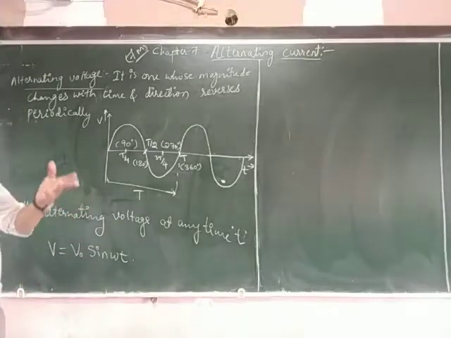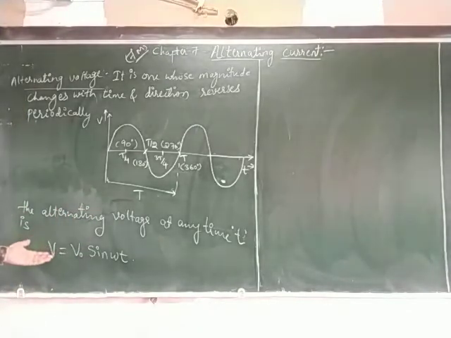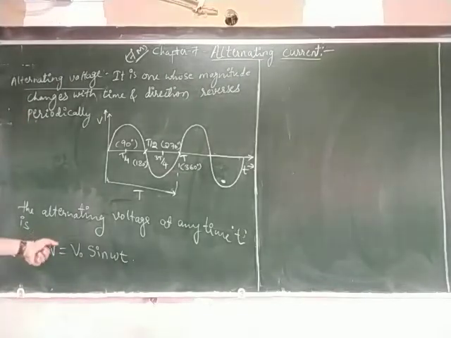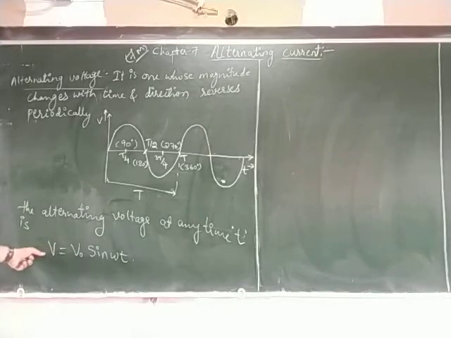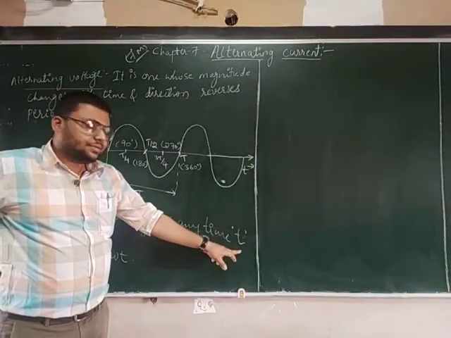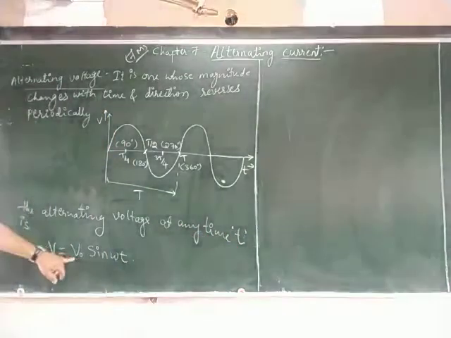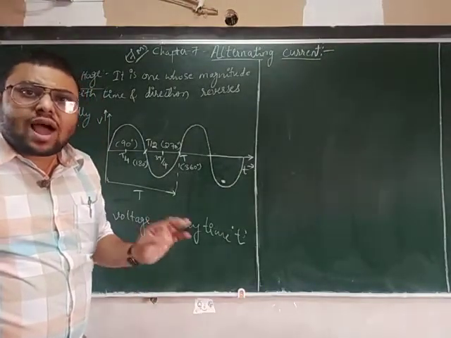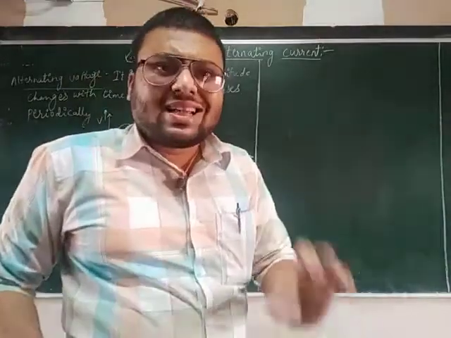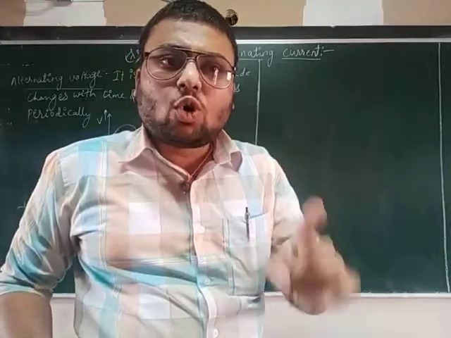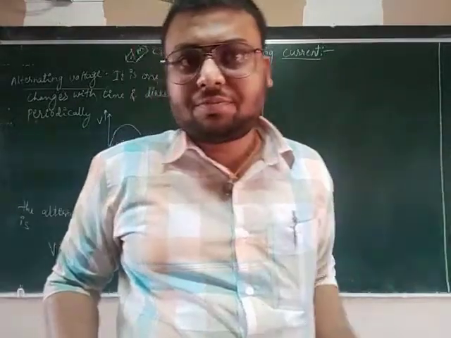Some textbooks consider a different symbol for the alternating voltage. Here V means the alternating voltage at any given time t. Here V naught is the peak value of alternating voltage, or else the maximum value, or else the amplitude of alternating voltage.